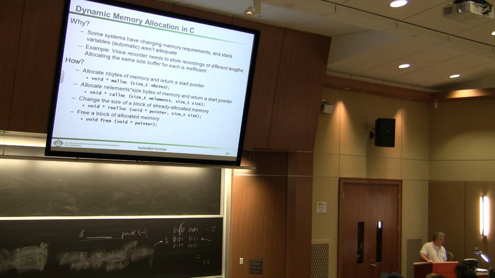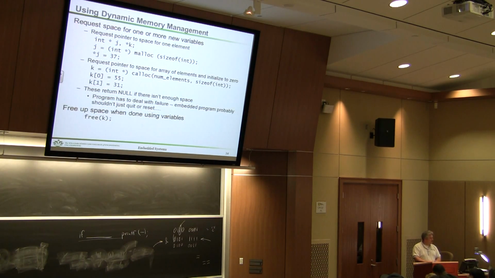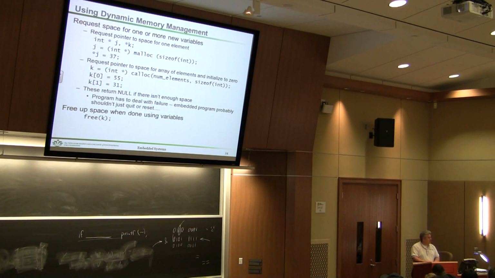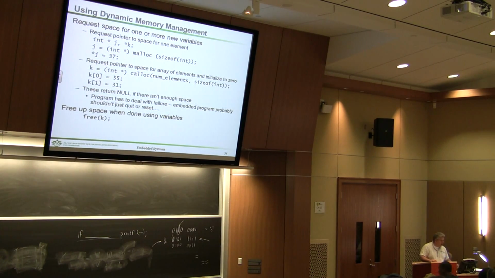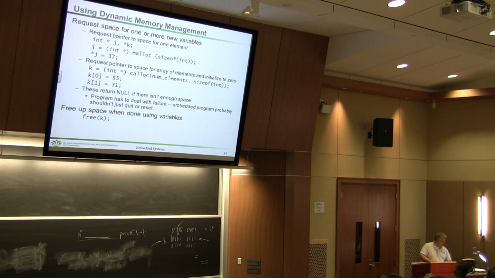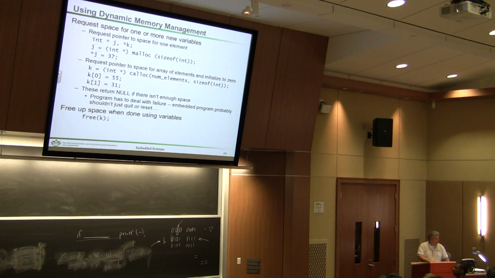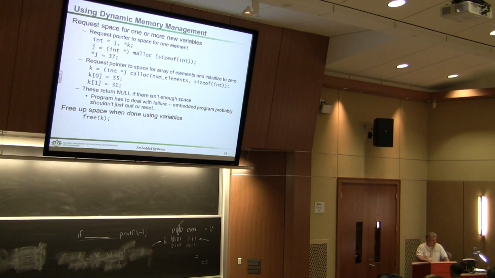So in this case, it also will give you back an address, and you'll use it in this situation. So in the malloc, I should say, also will give you the specific size of a single element, and then calloc will do a whole bunch of it.